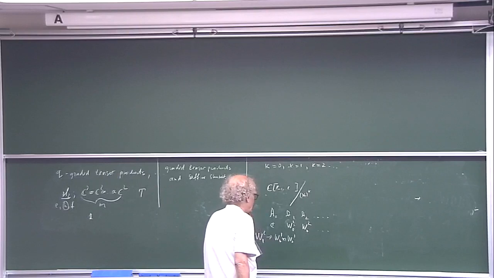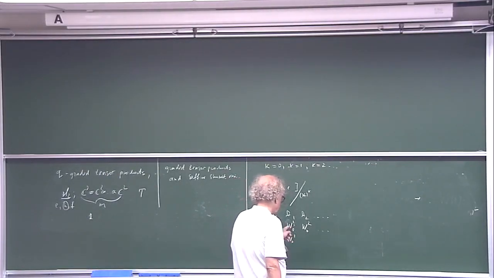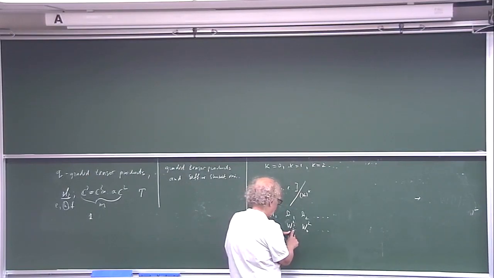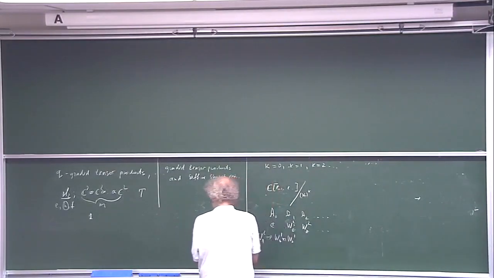But what I want to mention now is that in my semi-infinite construction, I change this number, and I can put here 2, 4, and so on, and just go to a limit.